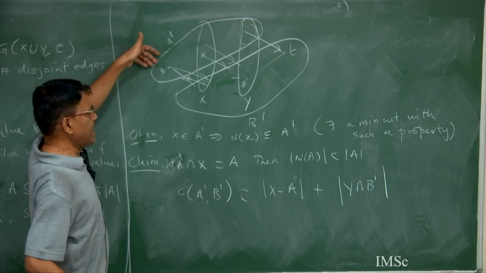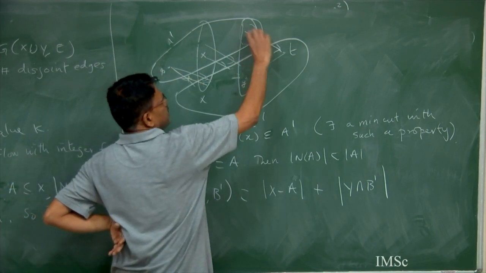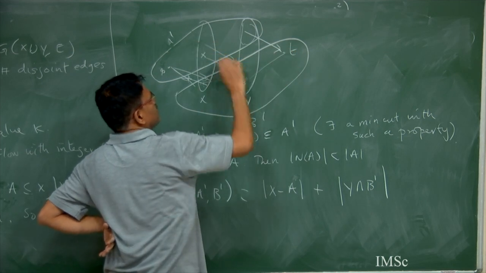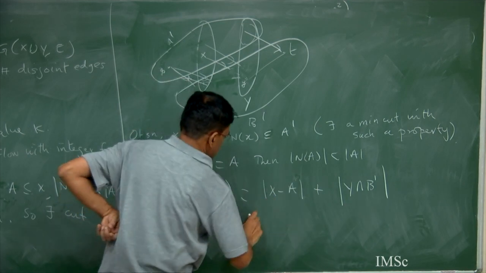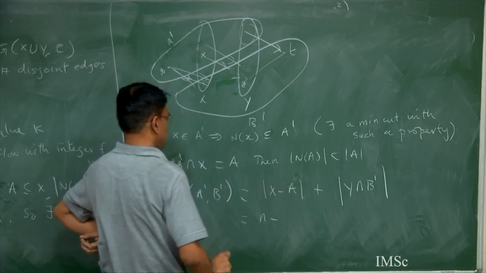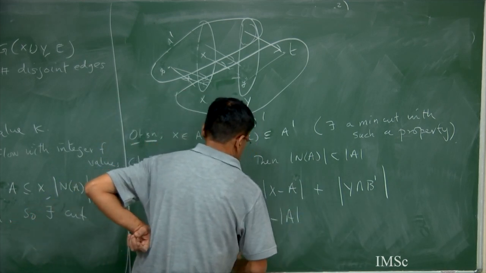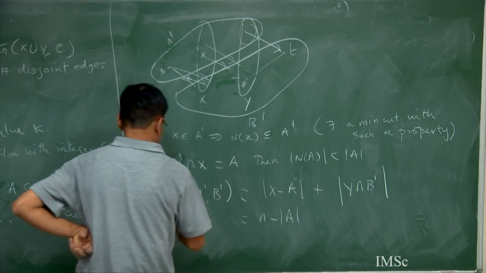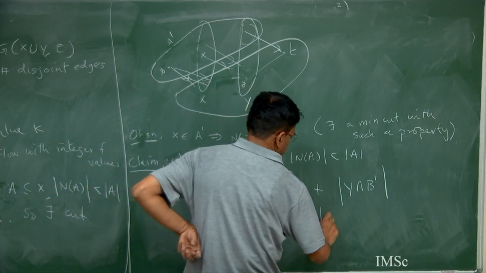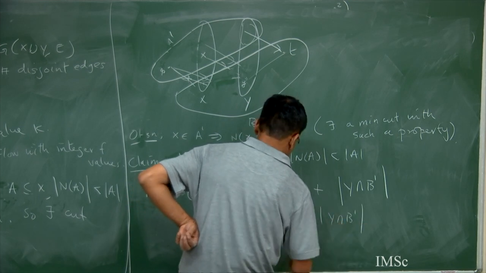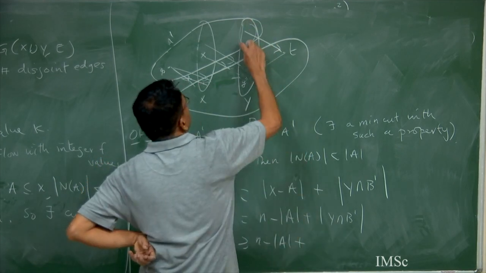X minus A, S has edges to, and edges from here to here, because from here there are no edges since I pulled all the neighbors in there. So this is my value of the cut. This is equal to n minus cardinality of A plus cardinality of Y intersection B prime, and this is strictly less than n. So cardinality of Y intersection B prime is strictly less than the cardinality of A. But who is in Y intersection B prime?